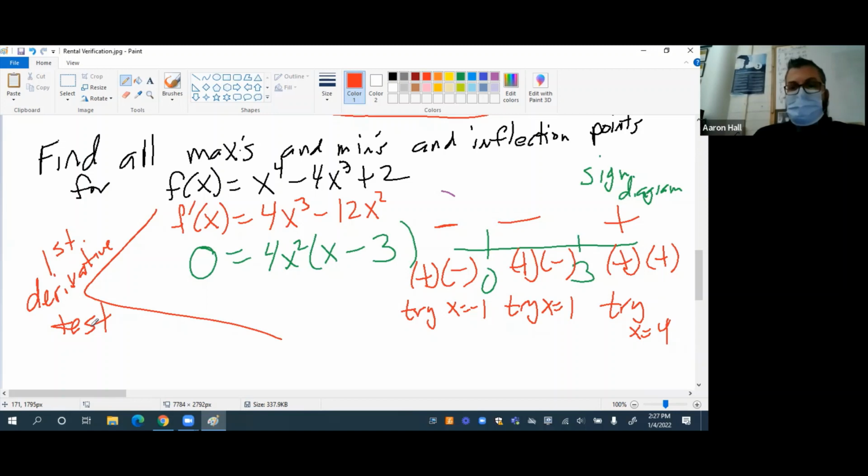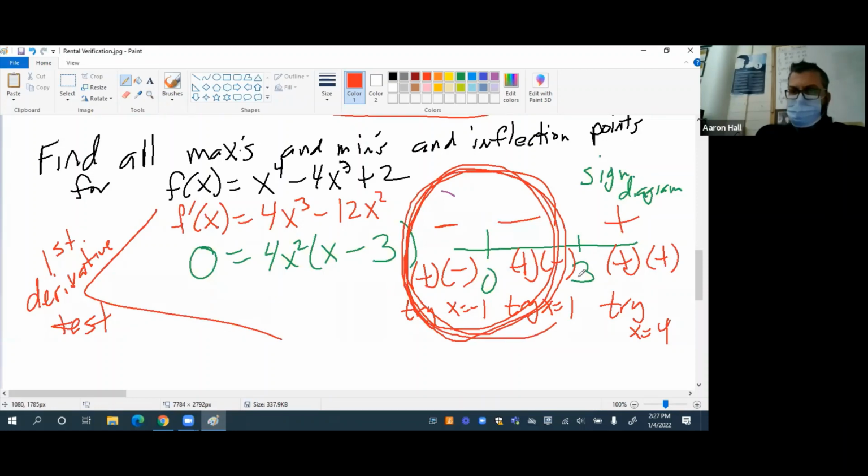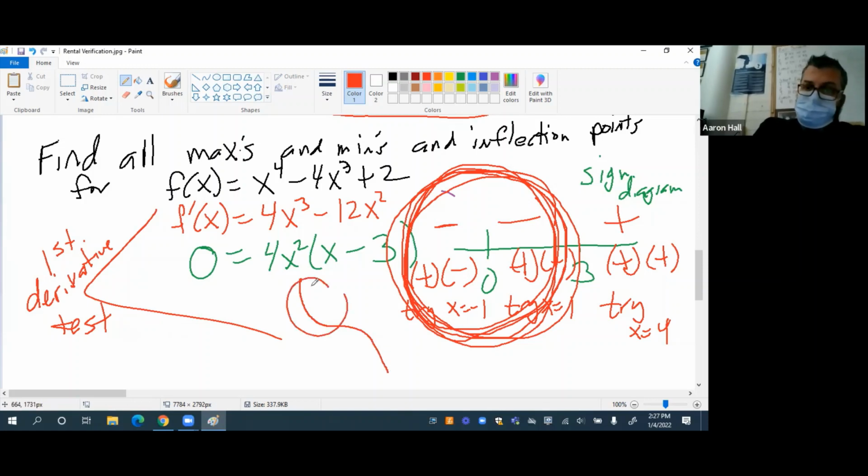It tells us our concavity. Do you think that this stationary inflection will show up for our second derivative test? It should. If we have a slope that's decreasing and then we have a stationary point and it's decreasing again, didn't the concavity change? So it should show up again.